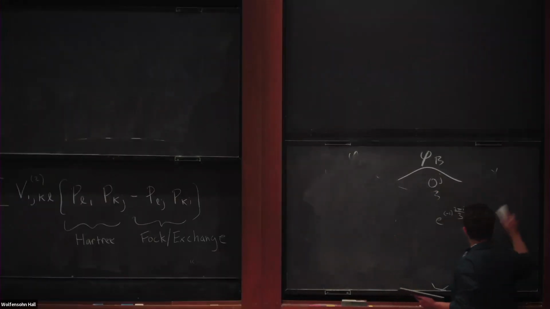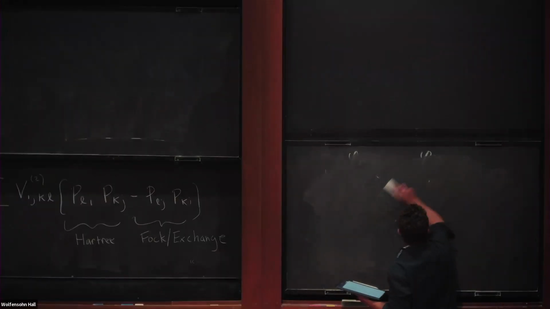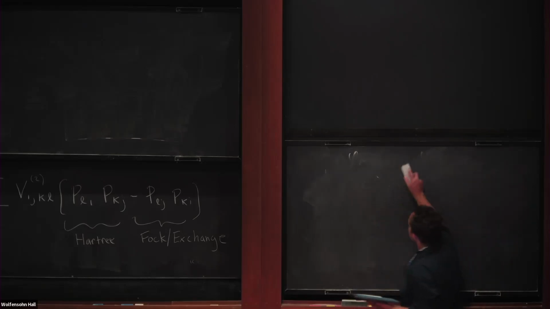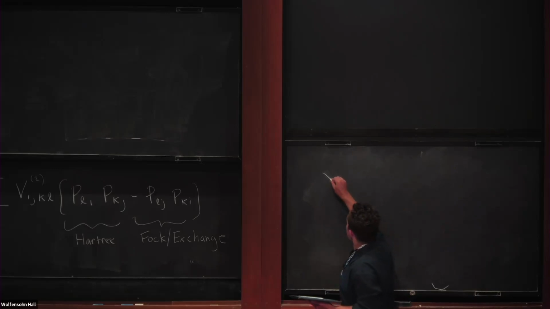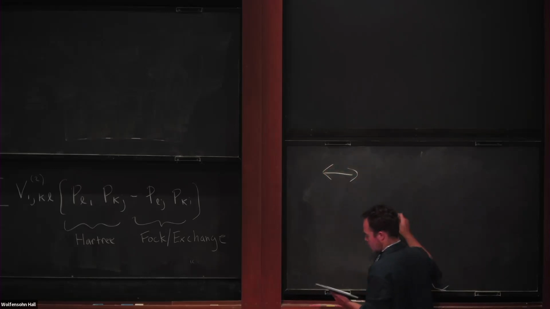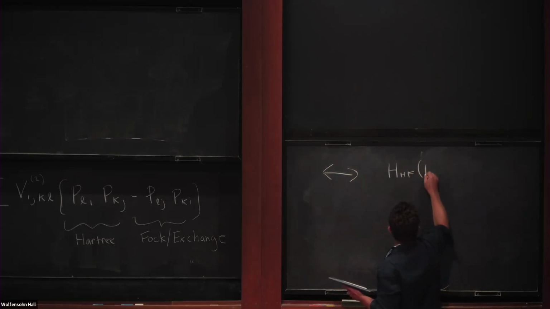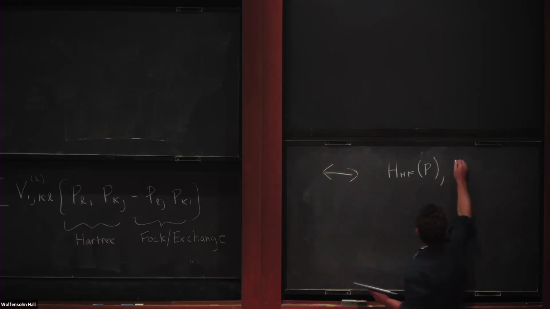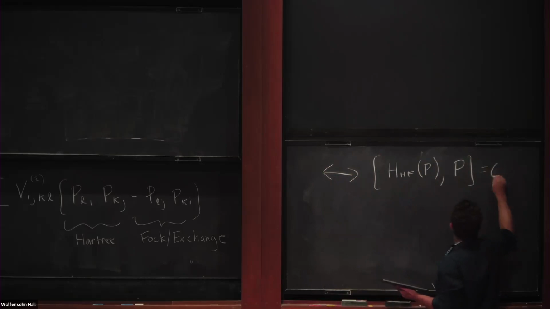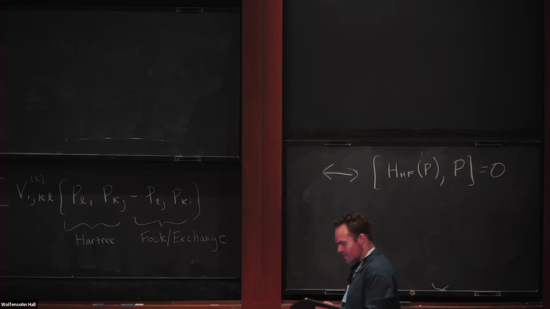Using the fact that on the constrained manifold P squared is equal to P, you can show that that condition is satisfied if and only if the Hartree-Fock Hamiltonian for the current guess P commutes with P. I leave that part as an exercise to the reader, and it's not too hard.